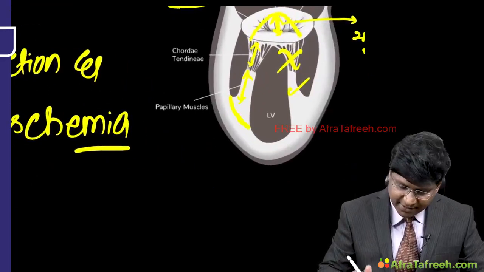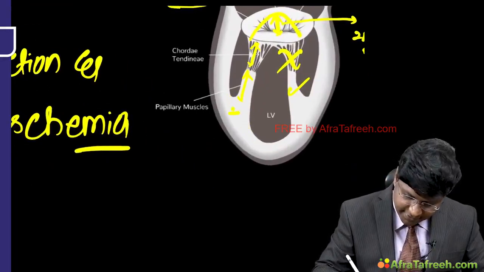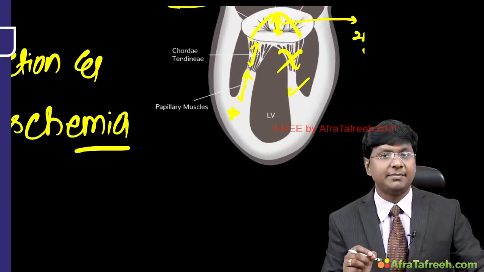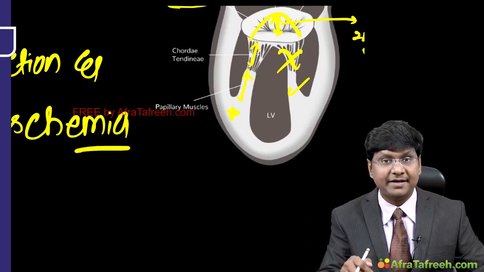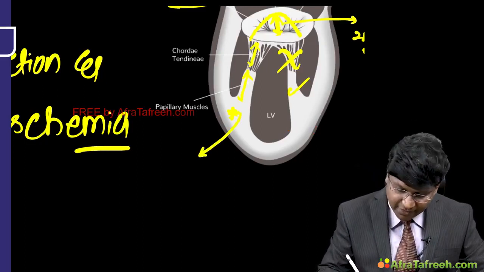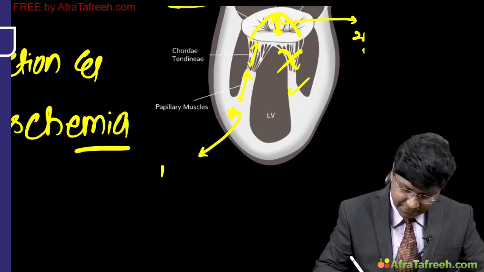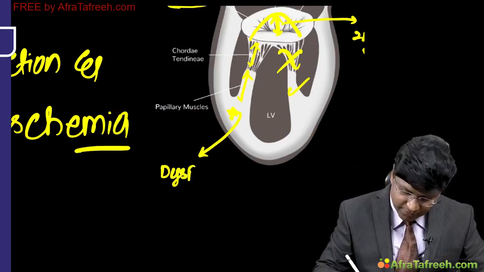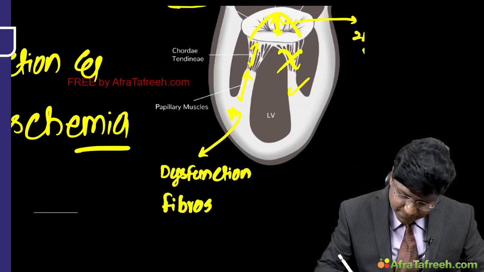Now this part of the ventricular myocardium or endocardium, which is connected to the papillary muscle, will undergo regional dysfunction, and this part will undergo fibrosis.